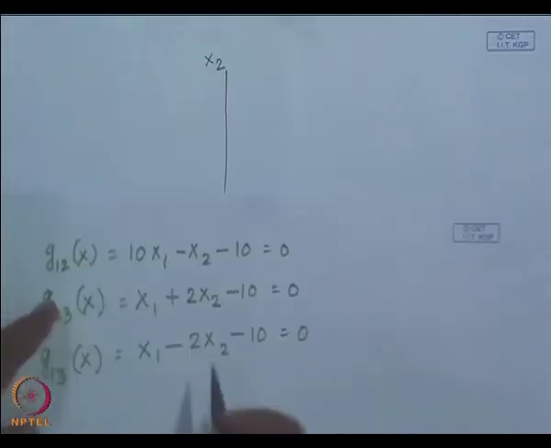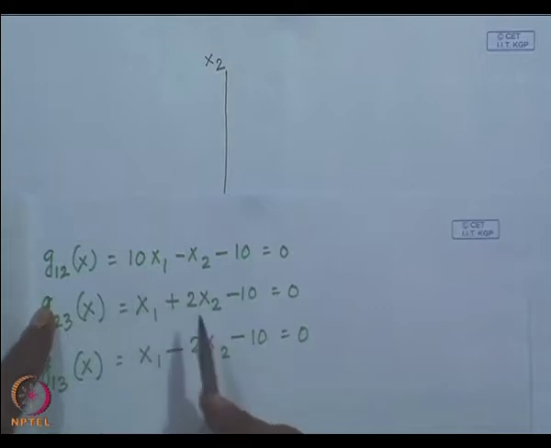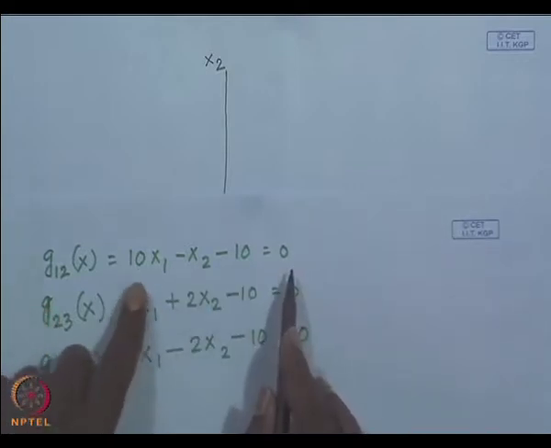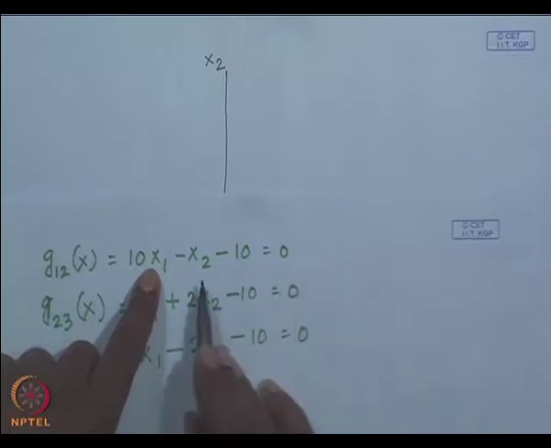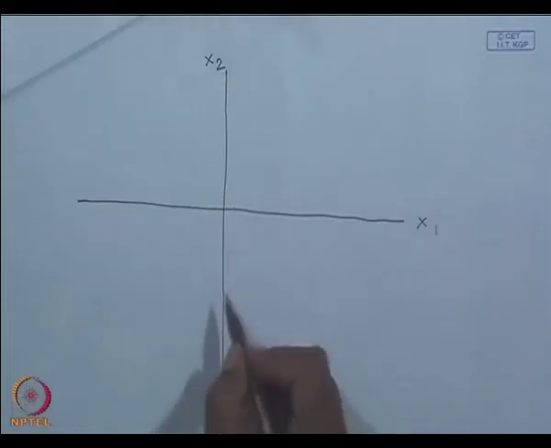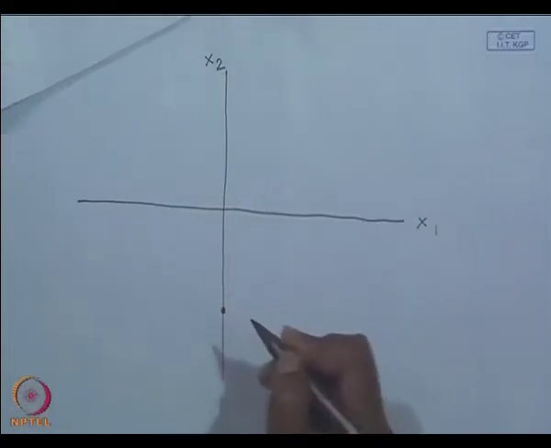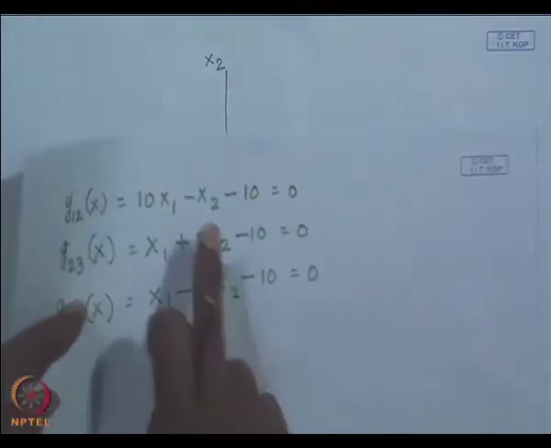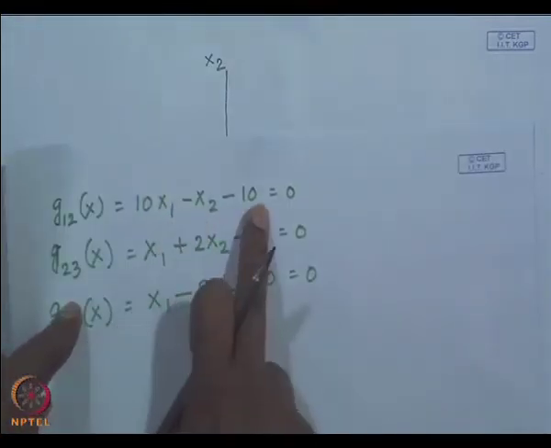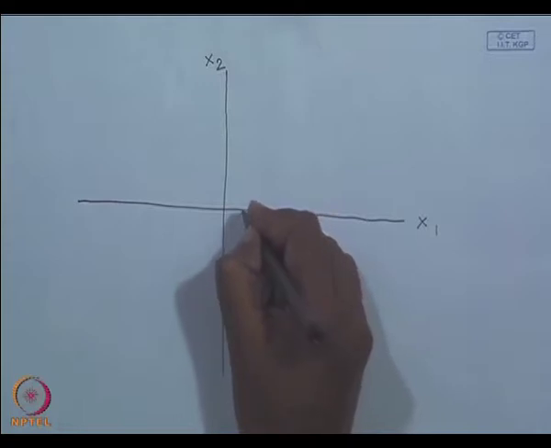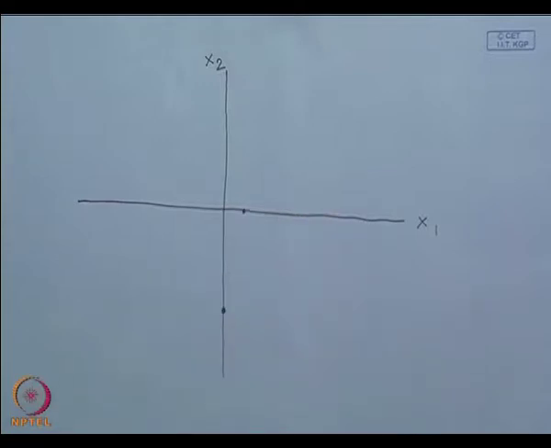Here you find that for this particular line 10 x1 minus x2 minus 10 is equal to 0, if I put x1 equal to 0, x2 will be equal to minus 10. So, that will be a point somewhere over here. And if I put x2 equal to 0, x1 will be equal to plus 1. So, that will be a point somewhere over here.